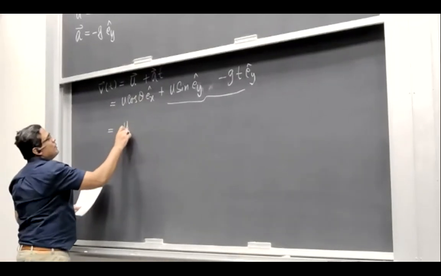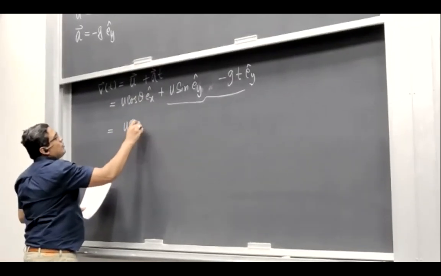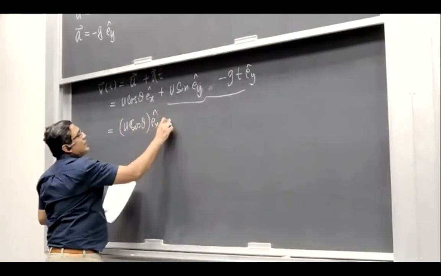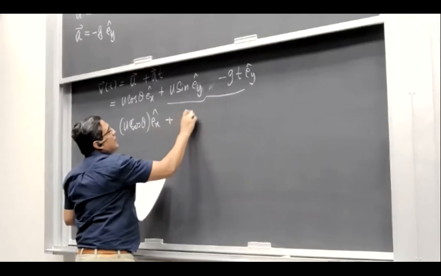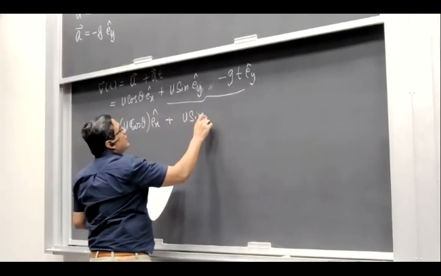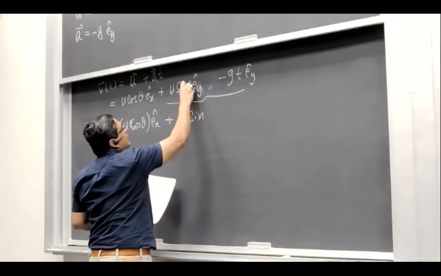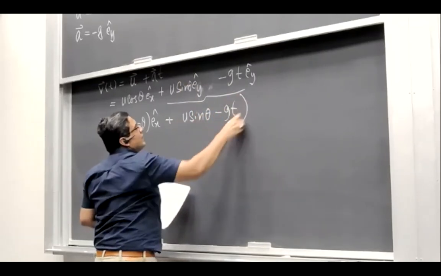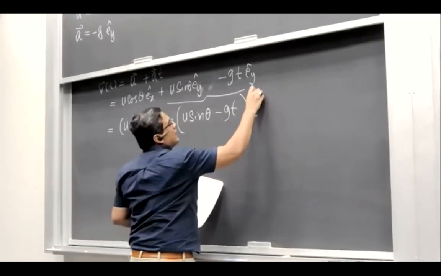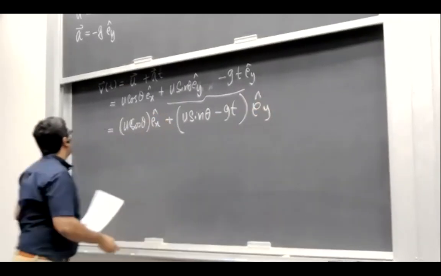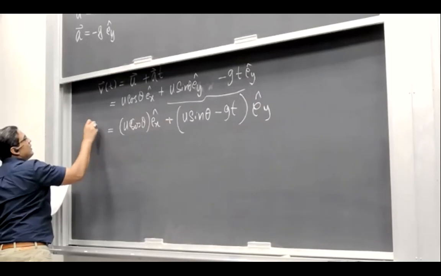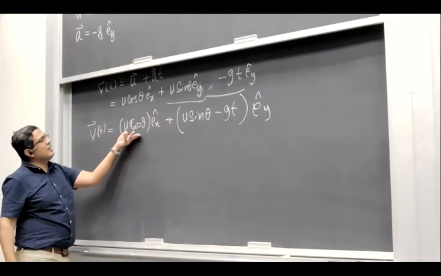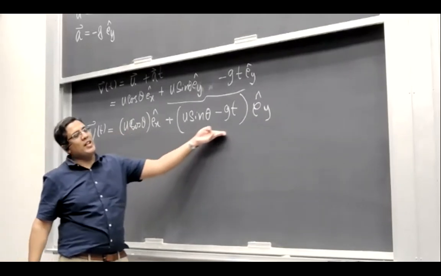So in this case, it would be u cosine theta ex plus u sine theta minus gt ey. The instantaneous velocity vector has two components, one along x-axis and the other along y-axis.